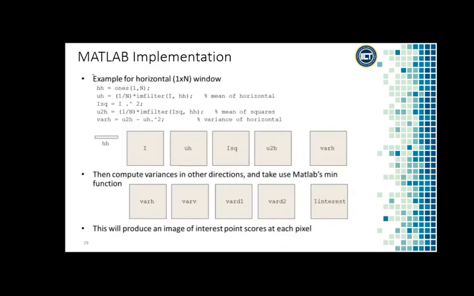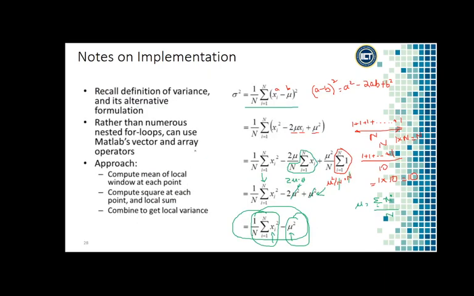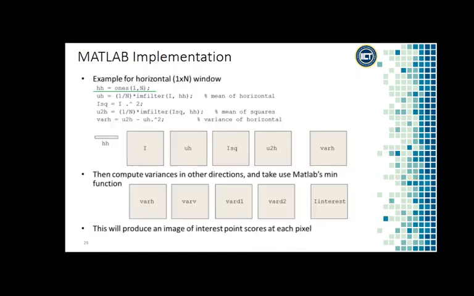Let's say we create a vector of ones, and then we apply this filter. So it's like 1 upon n multiplied by the n filter, applied to get the mean in the horizontal direction. And for the square, there's no new formula, we are just implementing this.